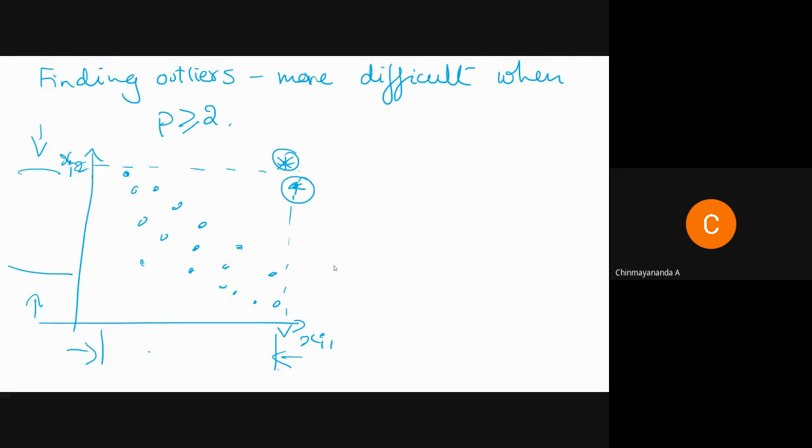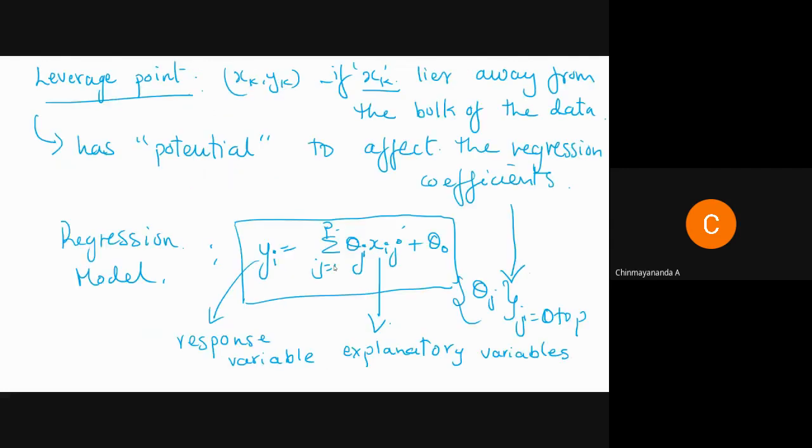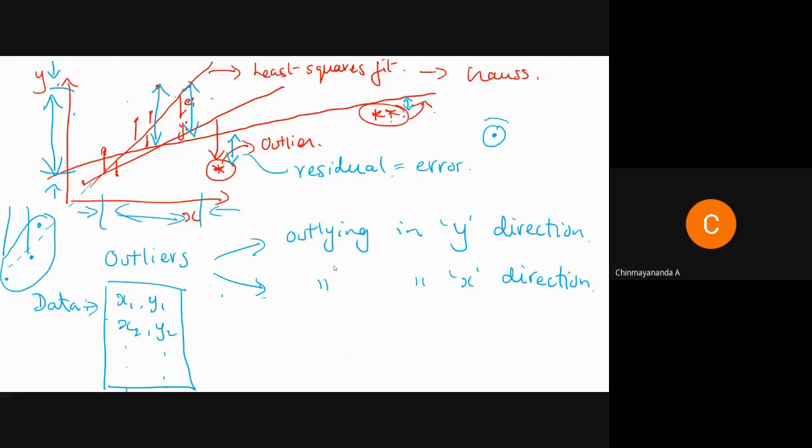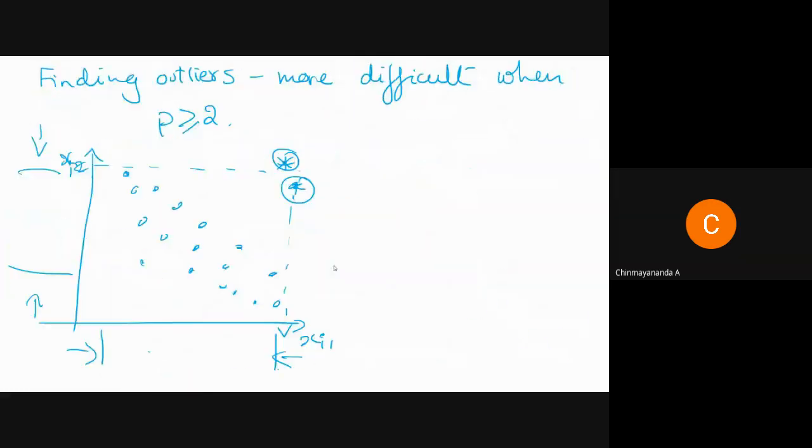First of all, two dimensions is itself a big challenge once you do a least squares fit. And if you look at this picture, it is highly impossible in higher dimensions. So this is the problem that we have.